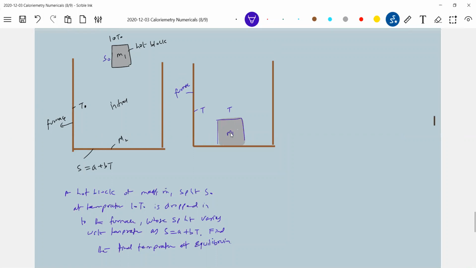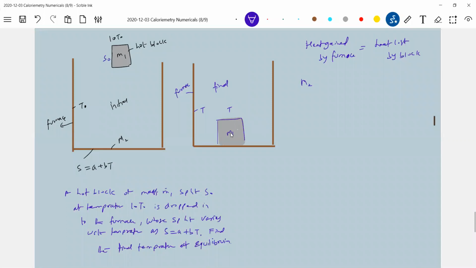So I'll get into the idea like this. Heat gained by the furnace is equal to heat lost by the block, no? Heat gained by the furnace.